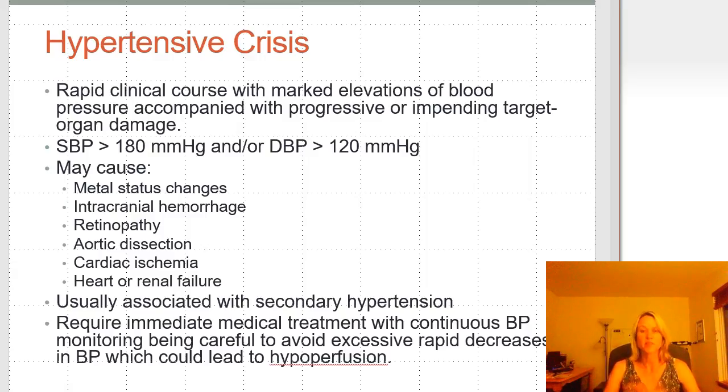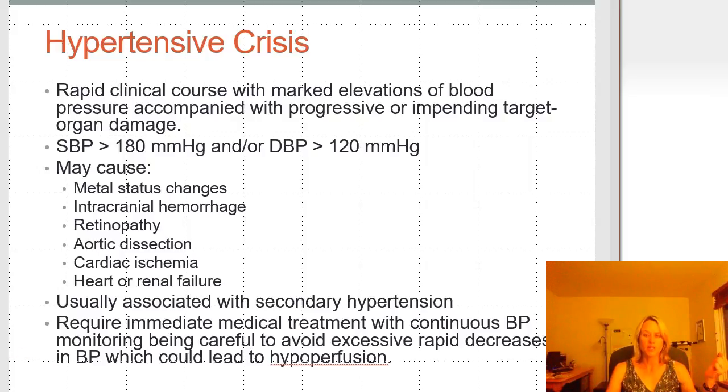Hypertensive crisis is a medical emergency where we have a marked increase in blood pressure that leads to progressive or impending target organ damage. This is defined as a systolic blood pressure of greater than 180 and/or a diastolic blood pressure of greater than 120. So it can cause changes in mental status, intracranial hemorrhages, retinopathy, dissection of the aorta, cardiac ischemia, heart, or renal failure.